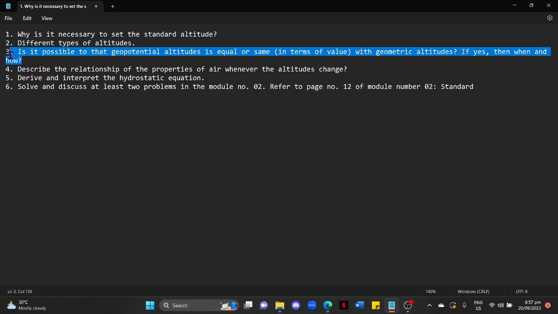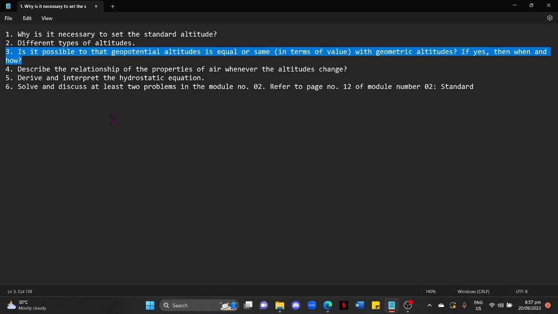So, for the next question, is it possible that the geopotential altitude is equal in value to the geometric altitude? Possible. My answer is half-half. Of course, at standard sea level, they are equal dahil isa lang yung constant when it comes to geopotential altitude and geometric altitude. But as we progress in altitude, dun na magkakaroon ng differences.